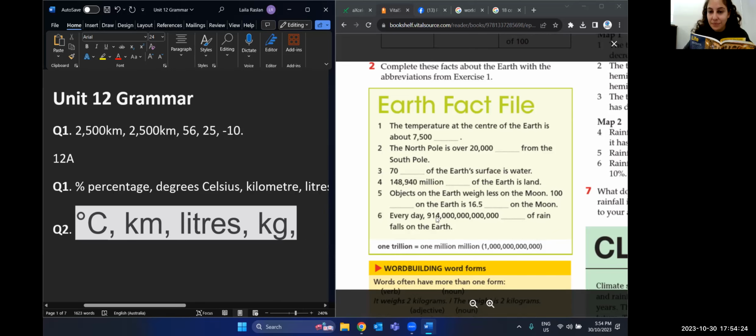Every day, I think this is 914 trillion. So this is 914 trillion what?